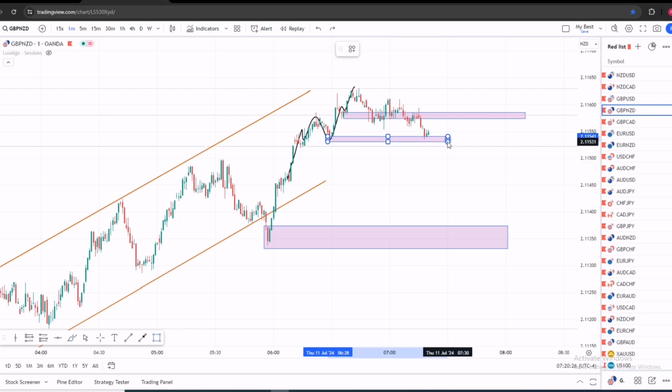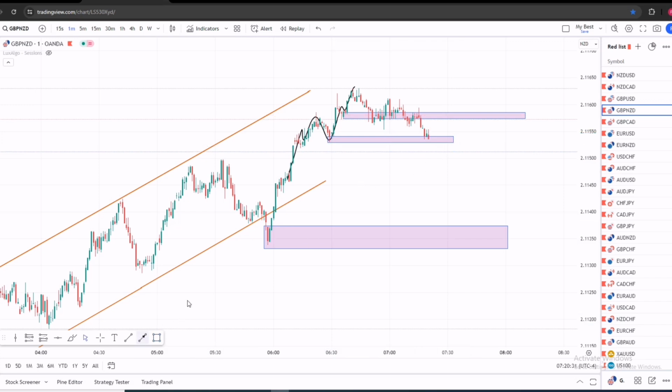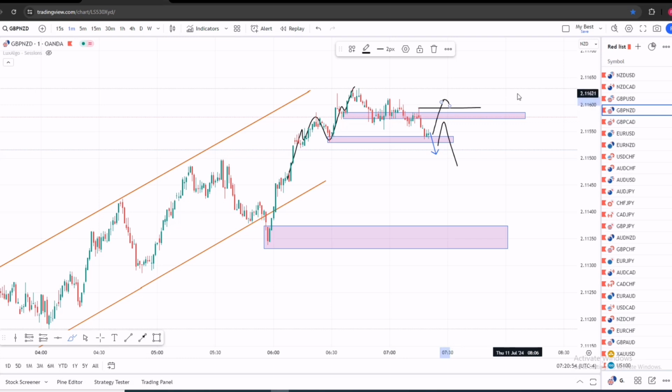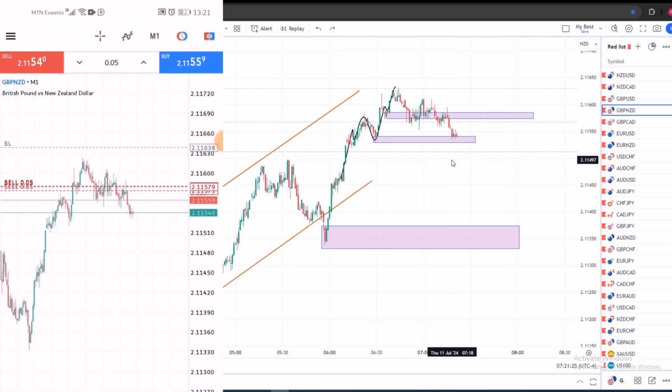If we close below this in a full candle, it will be a confirmation that we are still going to roll down. But again, we might have a pullback to this side and then drop again, and this pullback should not close above this key level, because the moment price closes above here, you know that it is now heading upwards.